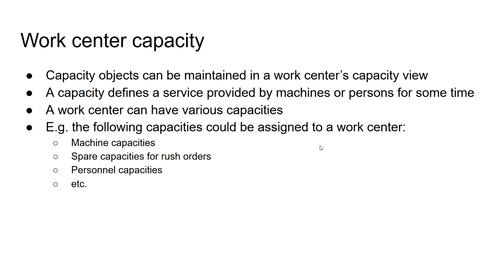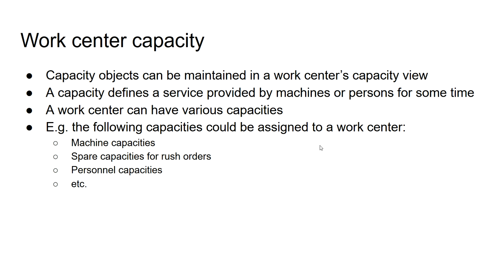You can also create capacity objects with a separate transaction code, and I'm going to show you this in an upcoming slide. But it is important to understand that a capacity is not the same as a work center. It is an object on its own, and it can be maintained through the capacity view of a work center.